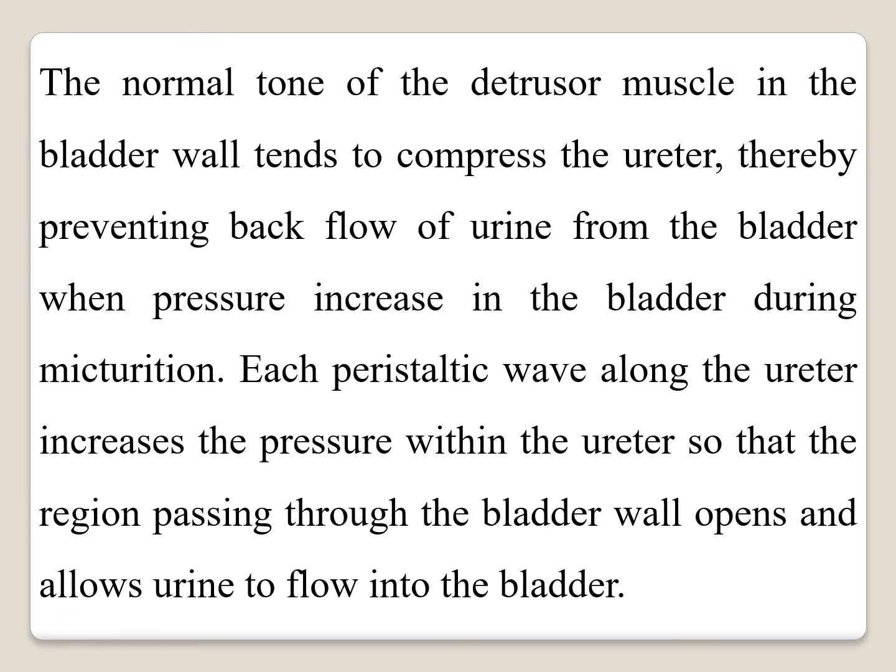But each peristaltic wave along the ureter increases the pressure within the ureter, which opens the ureter region passing through the bladder wall, allowing urine to flow from the ureter into the bladder.